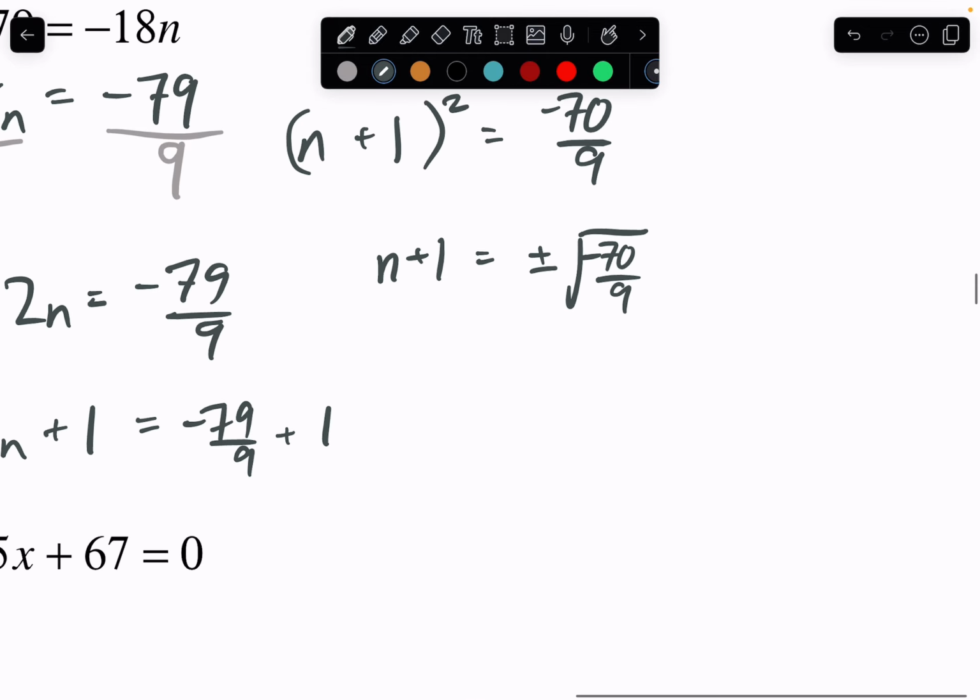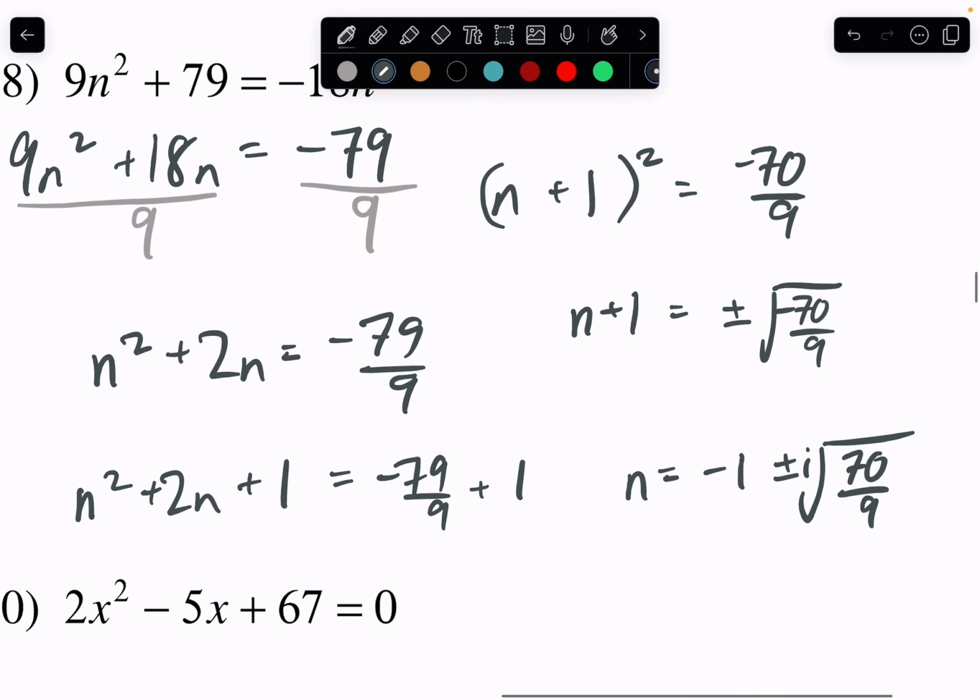I'm smelling something that's going to be imaginary here. So we have this imaginary and then 70 over 9. I hope I'm not wrong.